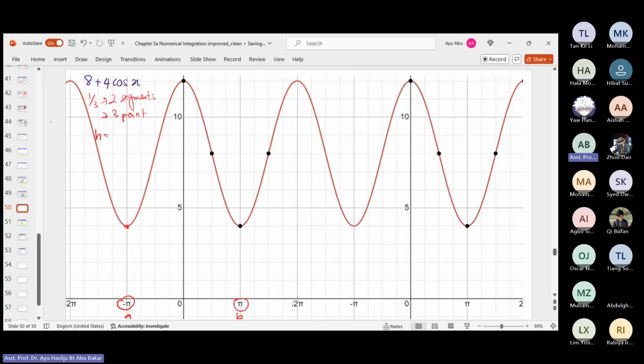So identify what is your H. From A to B. Let's say this is your x1. So x0, x2. So the integration under the curve involves between these 2 points.